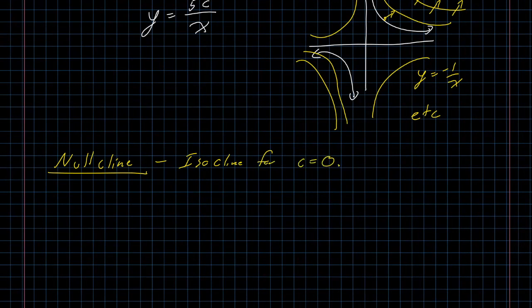The nullcline is the isocline where c is equal to 0. Or in other words, the nullcline asks you to identify a curve on which y prime is equal to 0.